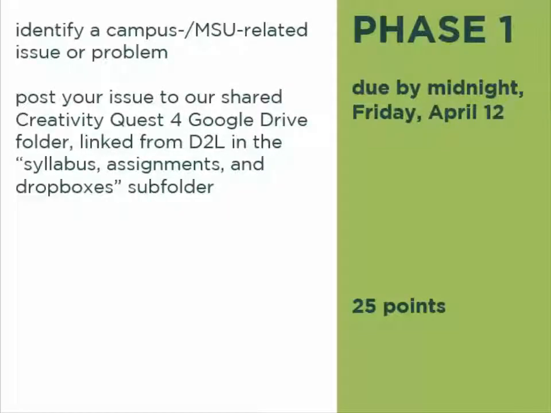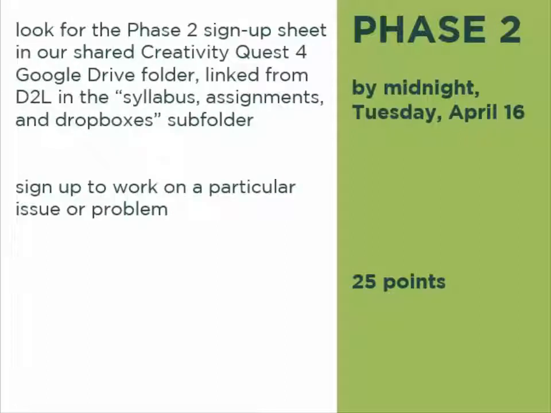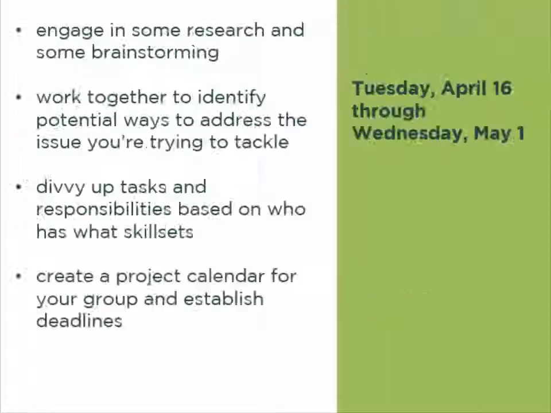You're going to choose the Phase 1 doc, find your name, note a problem or issue. That's worth 25 points. For phase 2, you're going to go back to that Google Drive folder, and there's going to be a sign-up sheet where you can sign up to work with a group to address a specific problem or issue. That's due by midnight, Tuesday, April 16th. That's worth another 25 points.